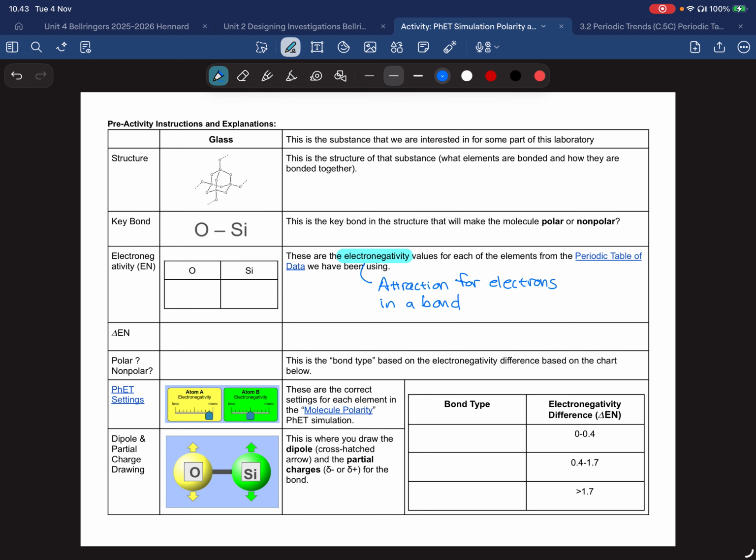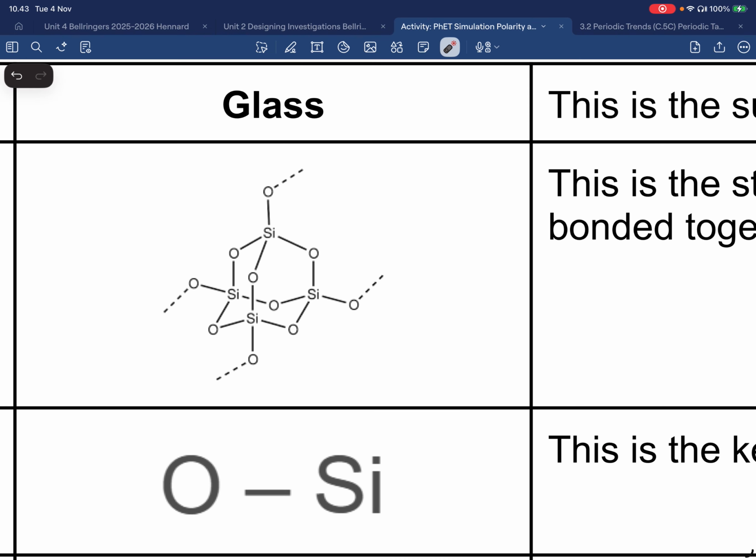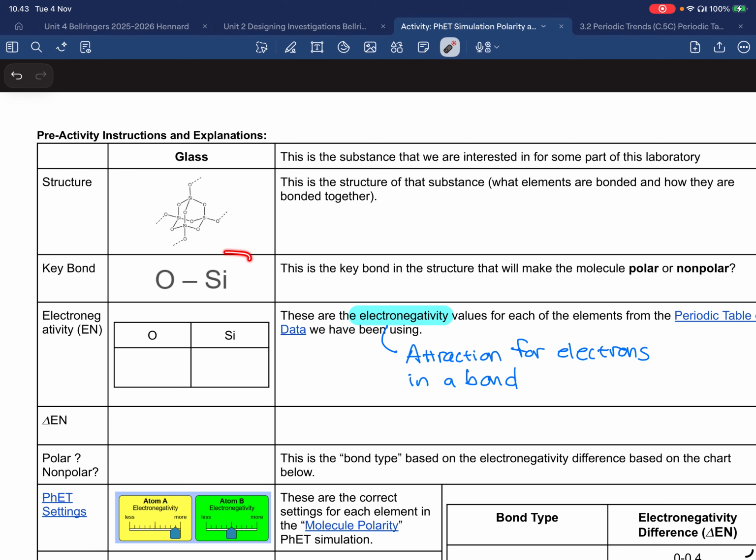So the higher the number, the greater the attraction. Glass has a structure like this. It's got silicon and oxygen, and so it has a lot of these oxygen-silicon bonds.